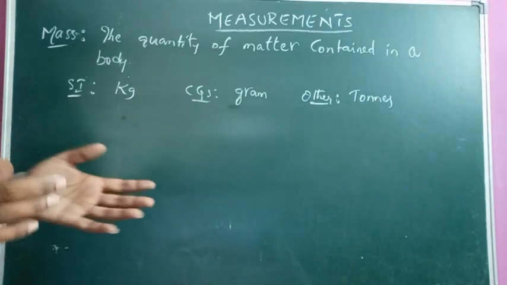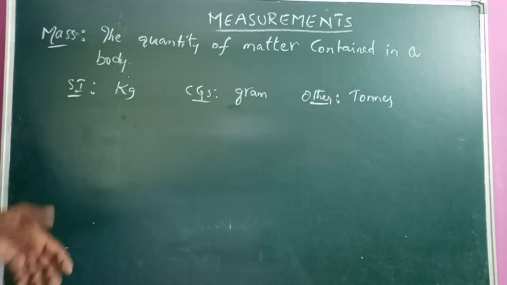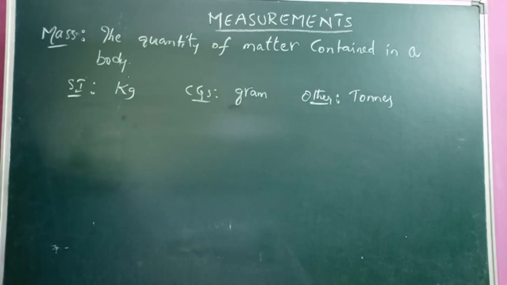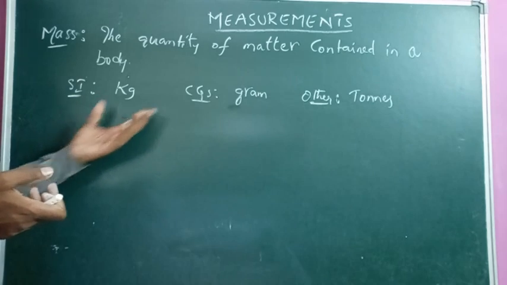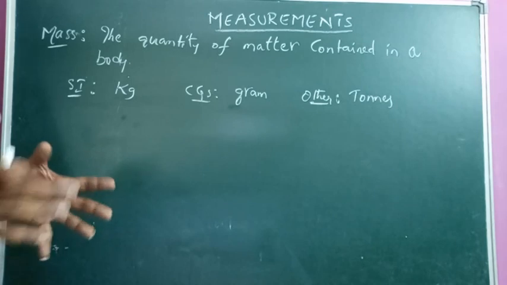To measure the mass, we use a simple balance and a physical balance. Not only these, we can measure the mass by table balance, platform balance, Roman steel yard, triple beam balance, etc. Depending upon how much mass we are going to measure, we can change the balances.